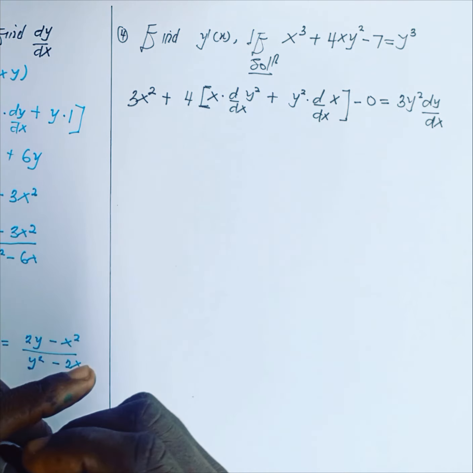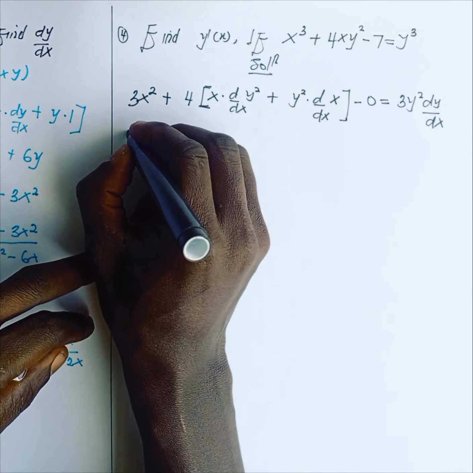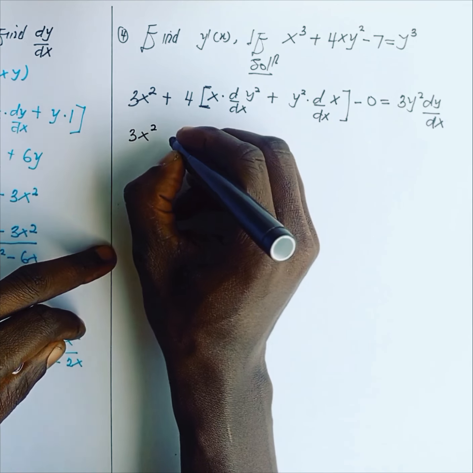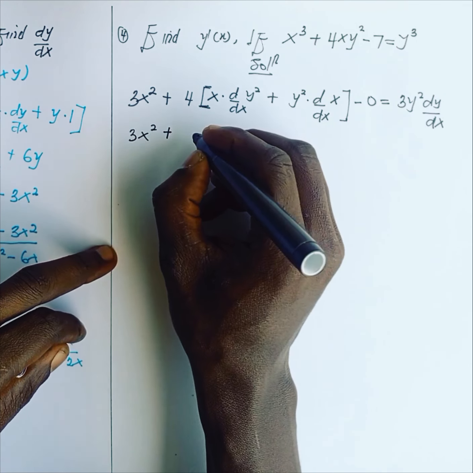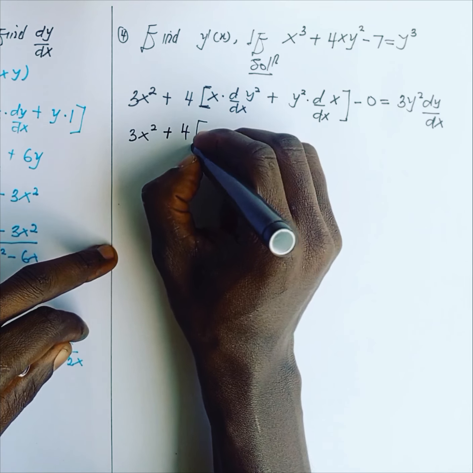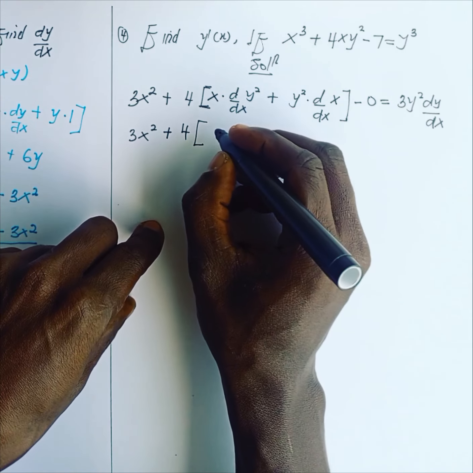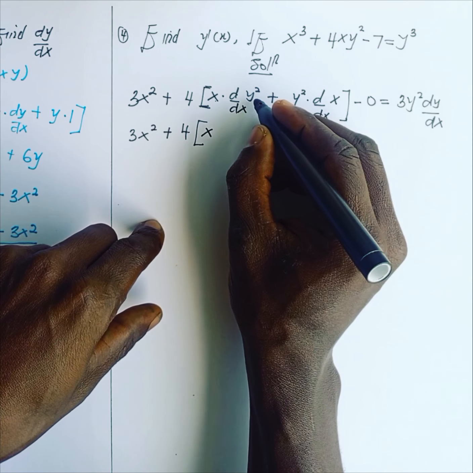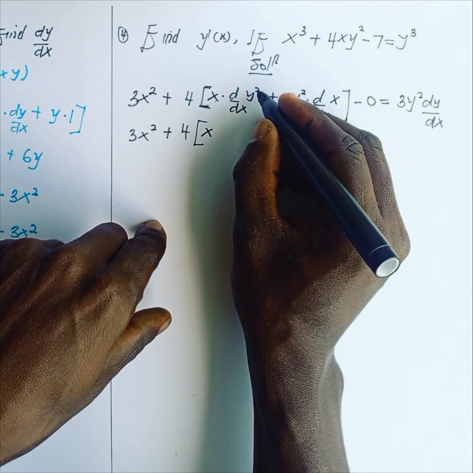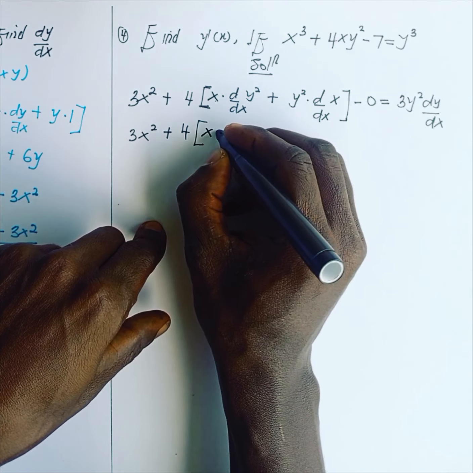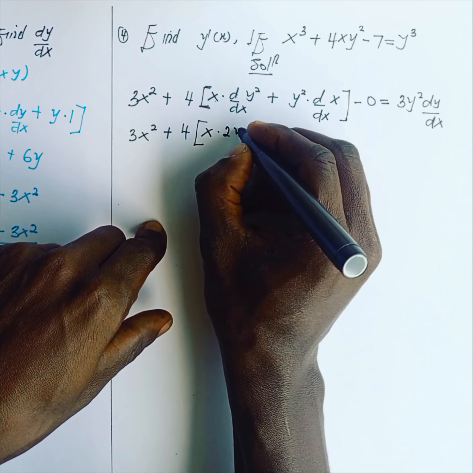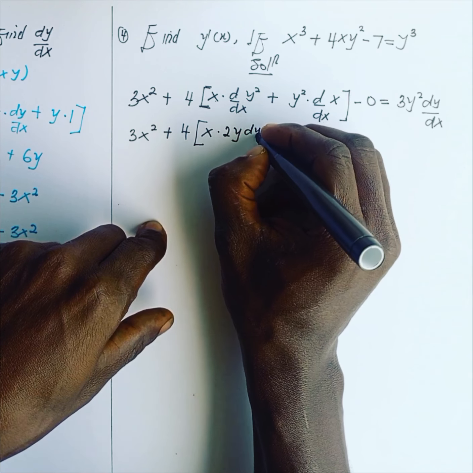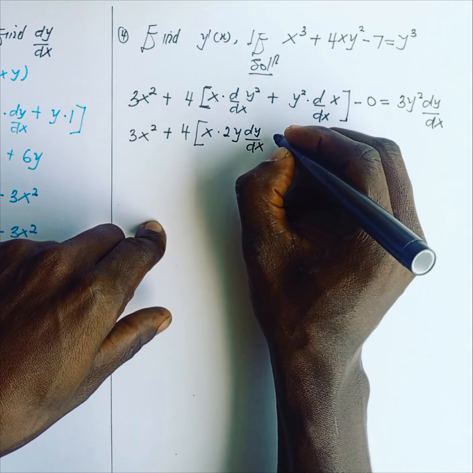Very good. So we are going to get 3x squared plus we have 4, which is out. Now we have x, which is this very part. When we differentiate y squared, we get 2y dy/dx.